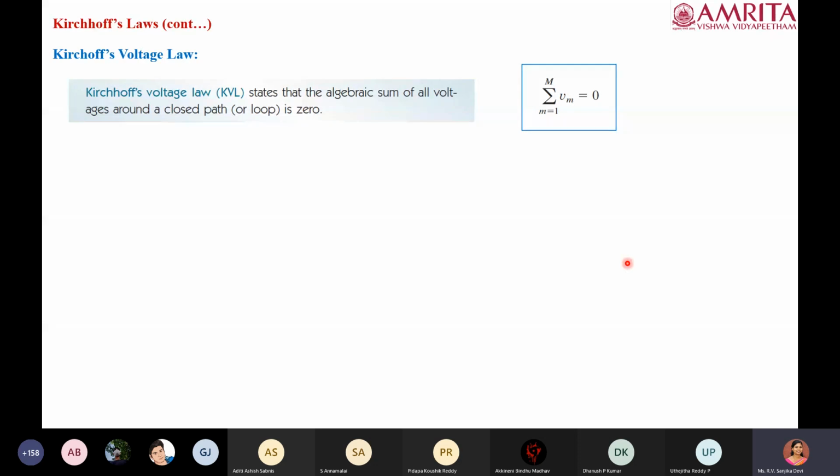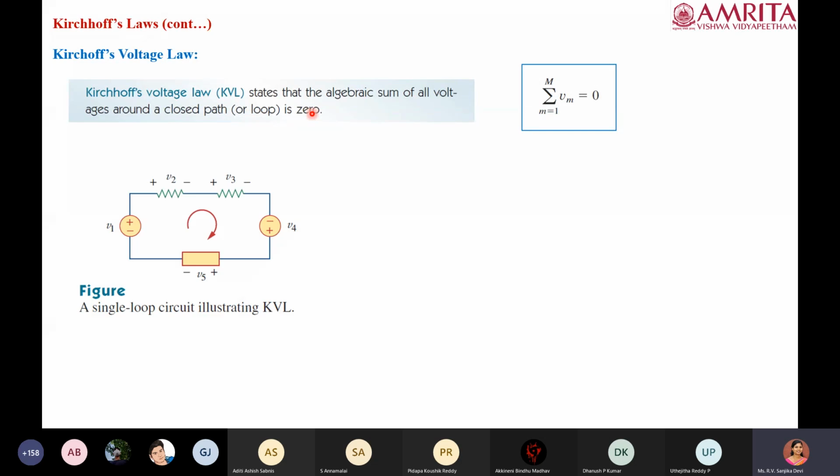If we consider a closed circuit in a loop and sum up all the voltages in that loop, the total voltage will sum up to 0. Here we have a single loop circuit with 5 elements, and the voltage polarities are already given. If we sum them together, the total voltage will be equal to 0.